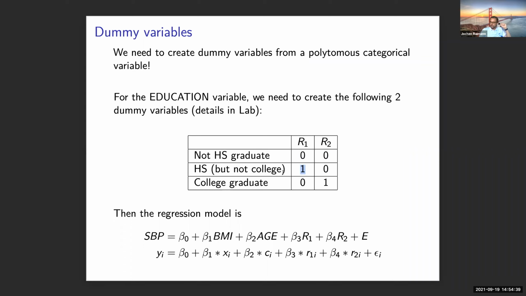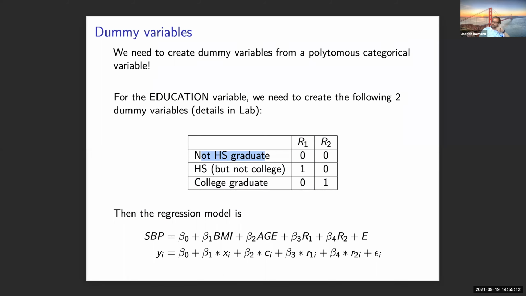R1 will be a 1 for those with high school, but not for R2, which codes for college graduates. The other way around, college graduates only have a 1 in R2, but not in R1. So R1 reflects the high school but not college people, whereas R2 reflects only the college graduates, whereas a 0 on both R1 and R2 stands automatically for not high school graduates.